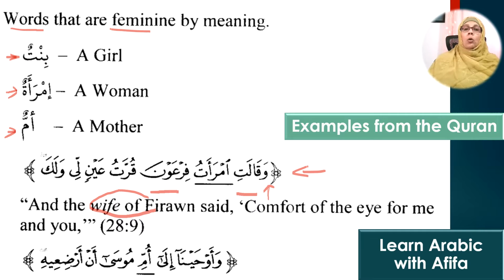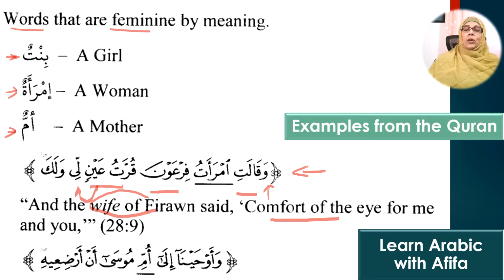She said, qurratu aynin. It means comfort of the eye. Again, qurratu is mudaf and aynin is mudaf ilayhi, which means eye. And if you join this, it becomes qurratu aynil li walak. Wa laka.